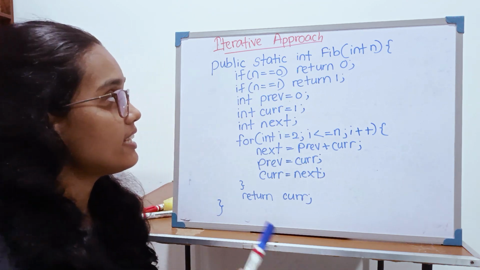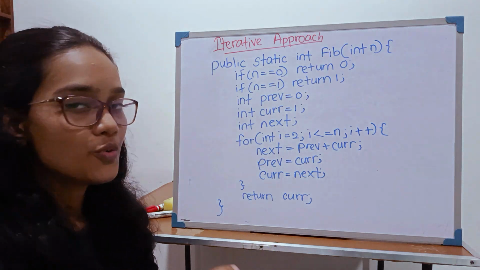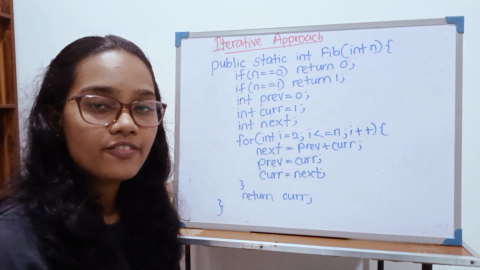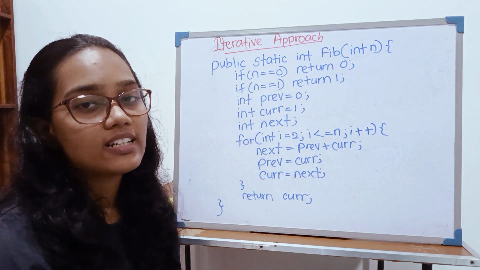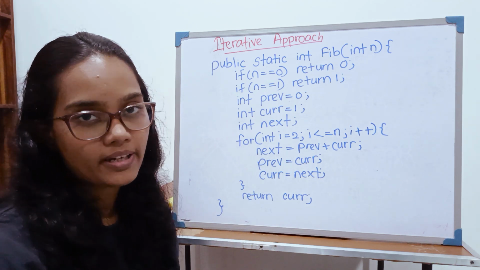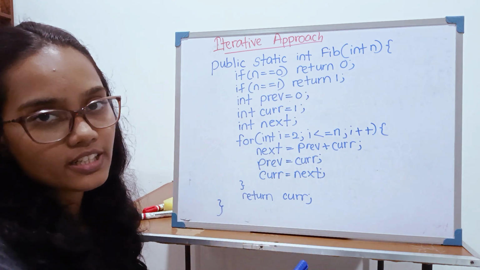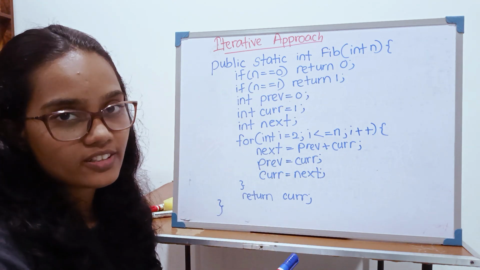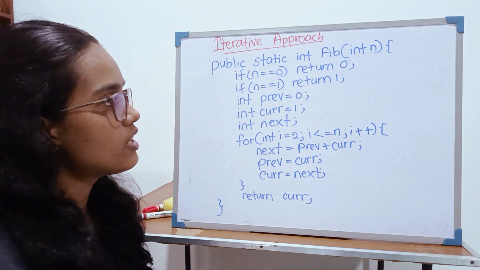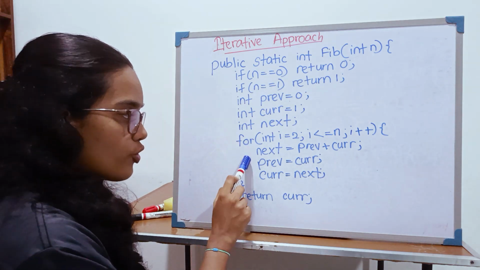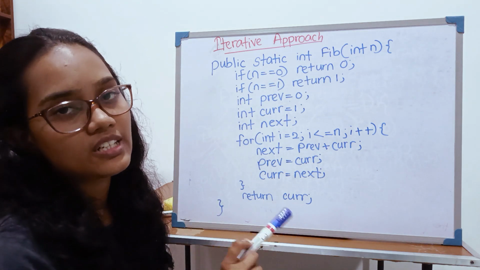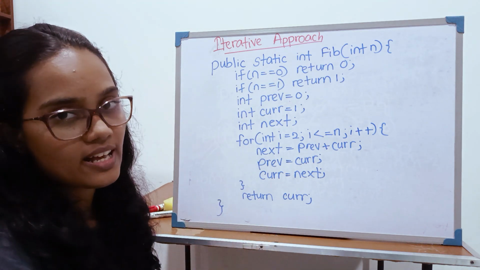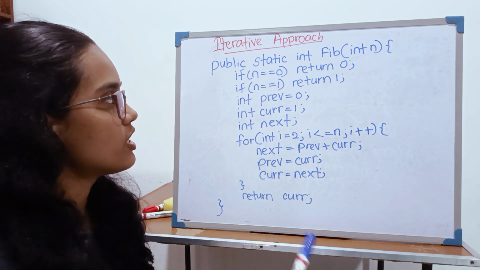But here in this iterative approach we use loops and we use variables which we update until a certain condition is met. In this method, we have used a for loop, and also we have some stopping conditions as well, just like in the recursive approach.